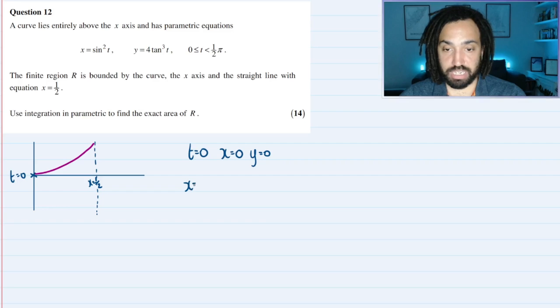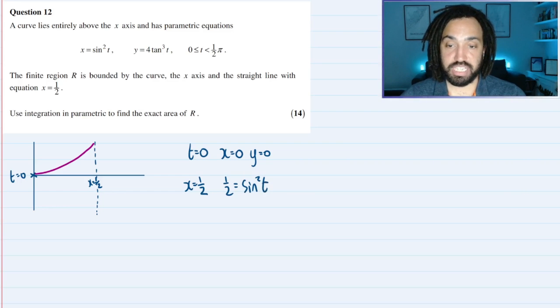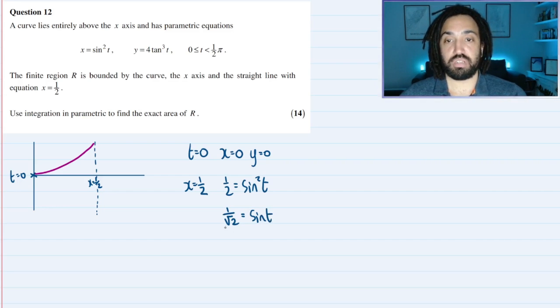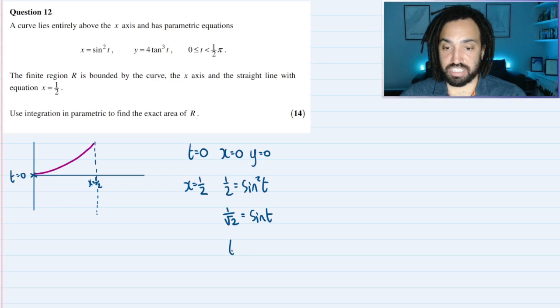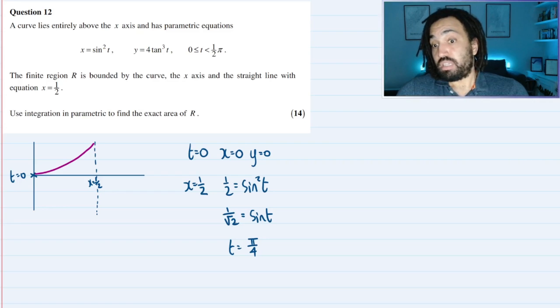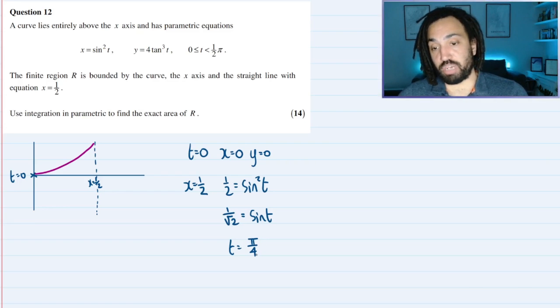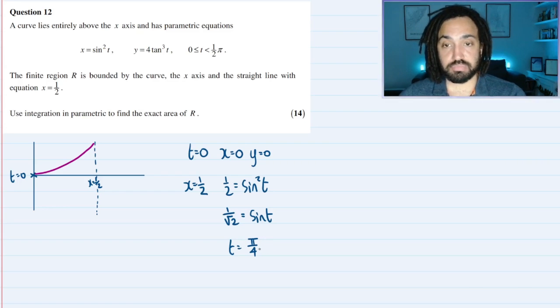When x equals a half, that tells me that a half is equal to the x coordinate, which is sine squared t. Square root both sides gives me 1 over root 2 is equal to sine t. And that tells me that t is equal to pi over 4, because I know that sine of pi over 4 gives me 1 over root 2.